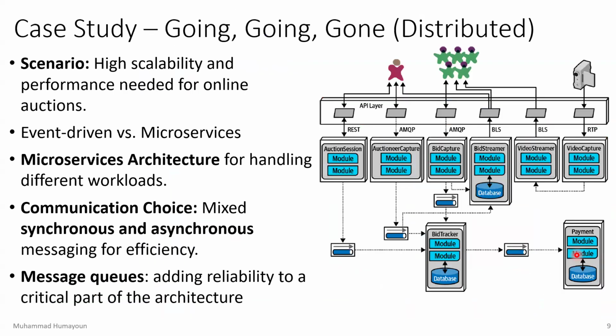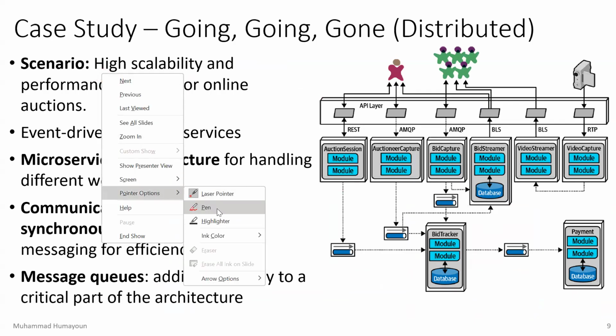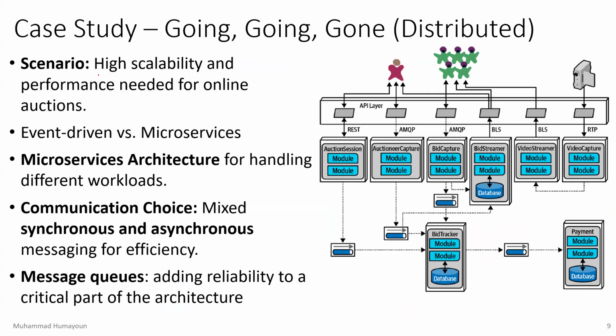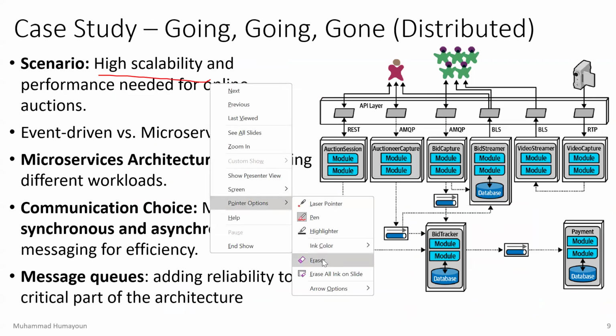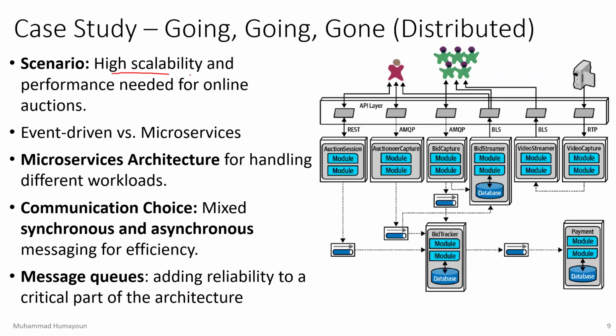Now let's move on and look at the next application. It was about the bidding auction system. Let's look at the scenario. The application should support high scalability and performance.